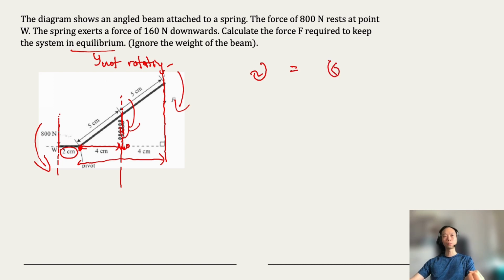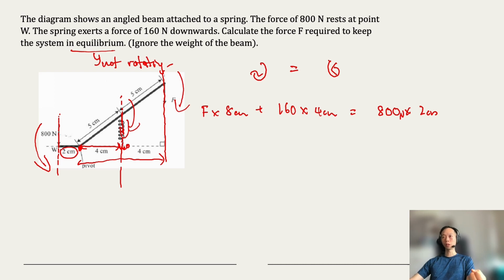Clockwise moments would come out from F multiplied by, what's the distance? 8 cm, right? Plus 160 newtons times 4 cm. And then the anti-clockwise moments would be 800 newtons multiplied by 2 cm.